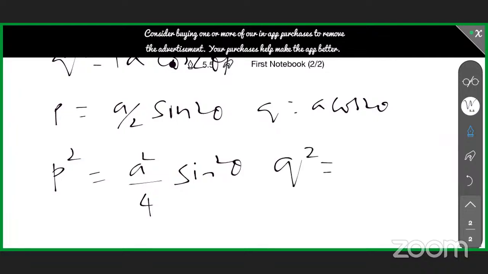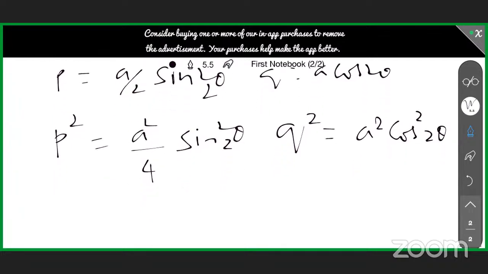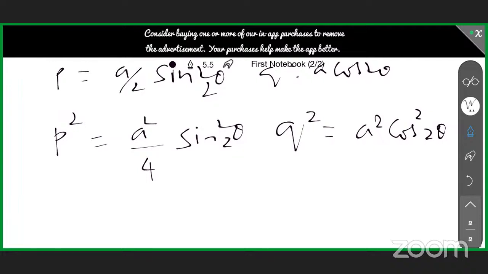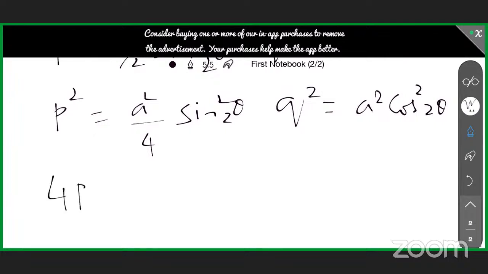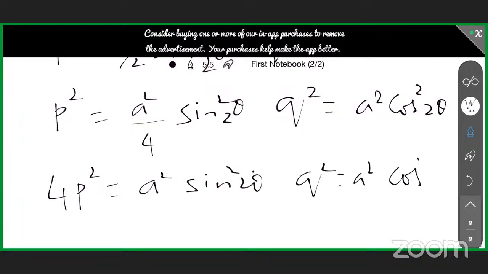Q square is equal to A square cos square 2 theta. To simplify, I'll multiply 4 on both sides. It becomes 4P square is equal to A square sin square 2 theta. Q square is equal to A square cos square 2 theta.